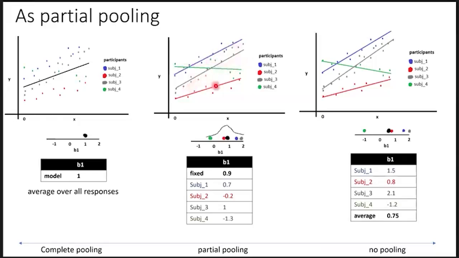These are the correction factors from the actual slope, but because they're drawn from a normal distribution, and because they take into account the cluster size, they are not as extreme and not as dominated when you have a small number of trials. I tried to show in the picture, for example, the green subject here is kind of an outlier subject, right? But it also doesn't have a lot of points. So the random slope that it will get will be a little bit less extreme.